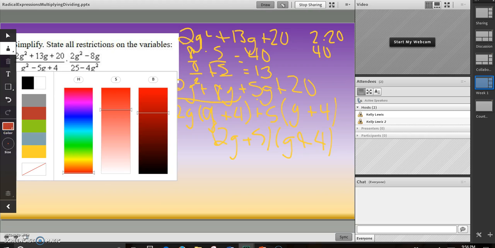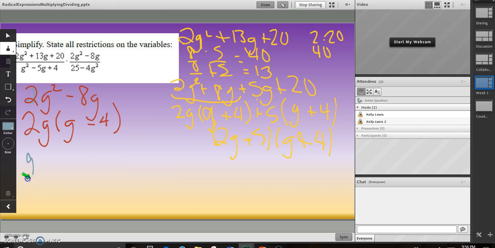Okay, let's do the next one. Let me write that down real quick too. 2g, g squared minus 5g plus 4. All right, so there's no number there like there was over here. So we're going to figure out what multiplies to give me 4, adds to give me negative 5.